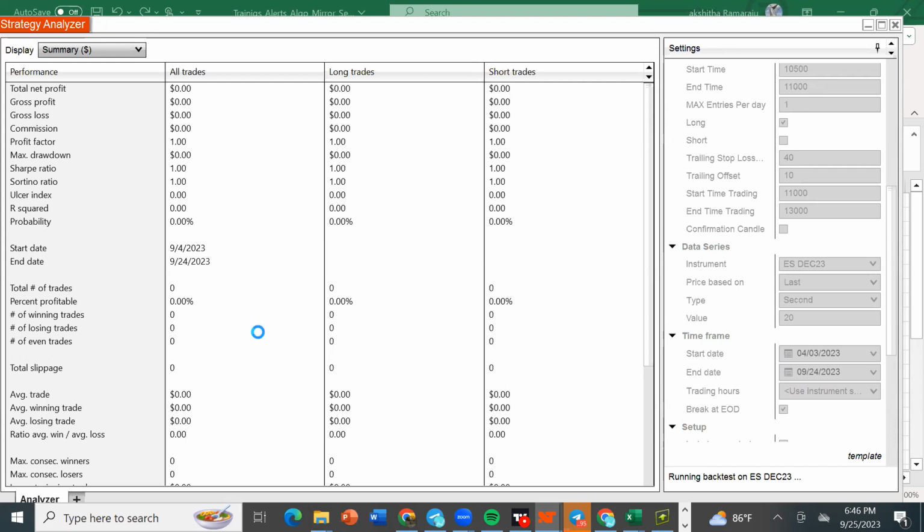Right, because we are only running for half an hour, even though you put break at end of the day or you don't put it, the result will be the same, right? You are not running overnight. Break at end of the day means around 11:59 your time frame, it will close all the trades. But we are running after 11:59 from 2 to 2:30 or 1 to 1:30. So whether you keep this checkbox or you don't keep it, it won't make any change.